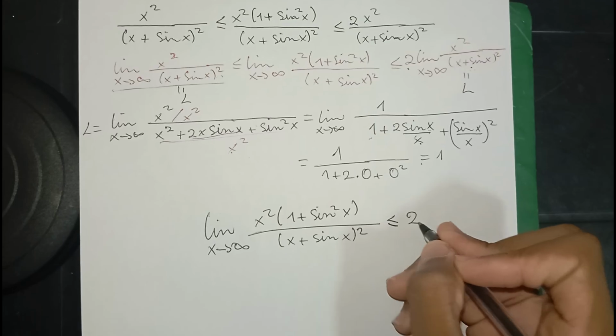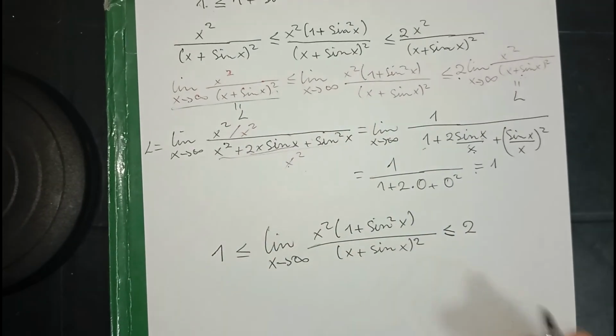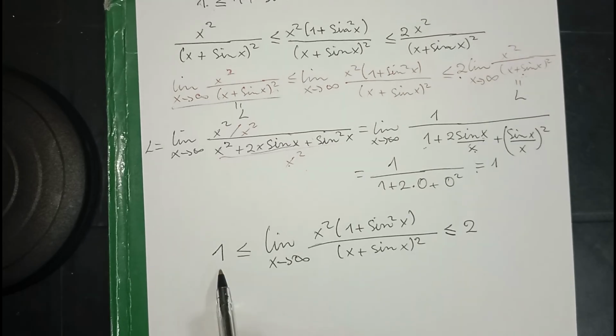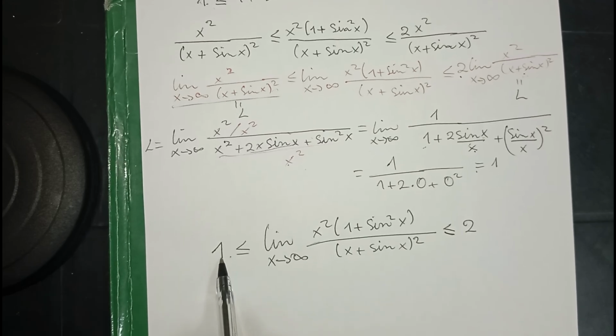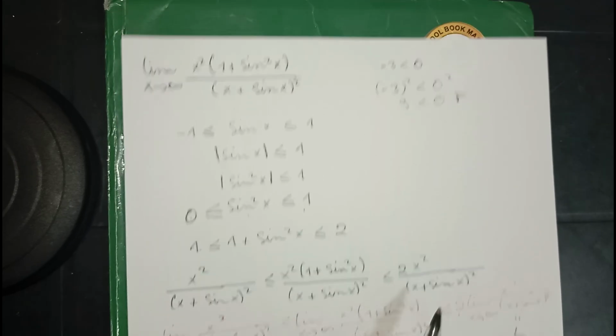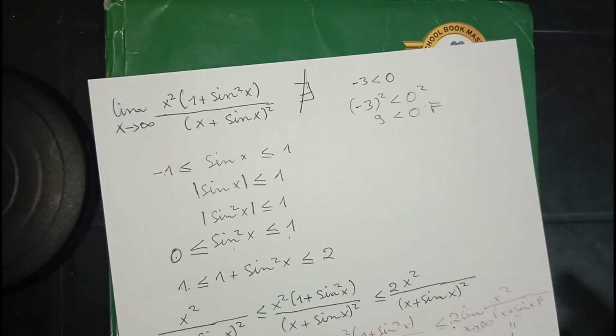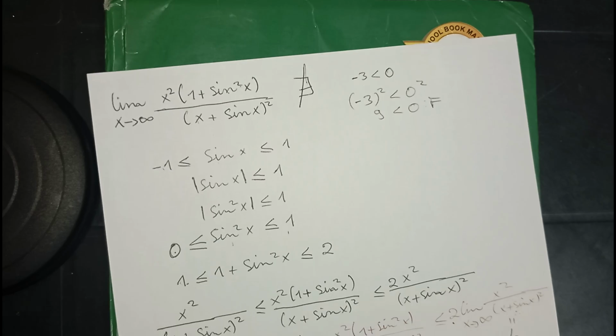So here it's 2, and here what we get is 1. And as you see, when we use what we call the squeeze theorem and we get different values here, my friend, you can write this: the limit doesn't exist.